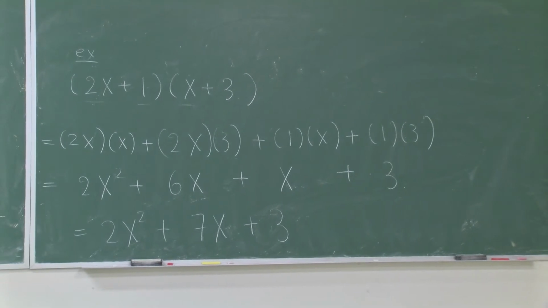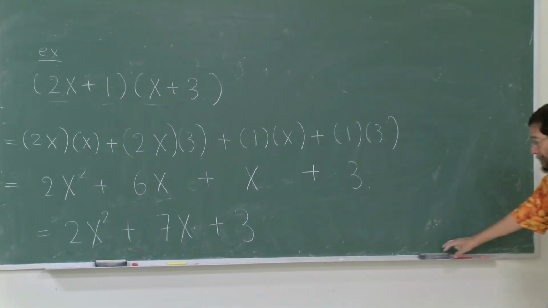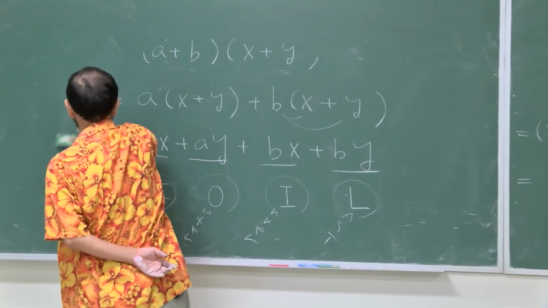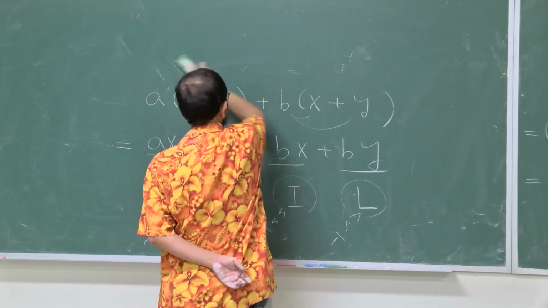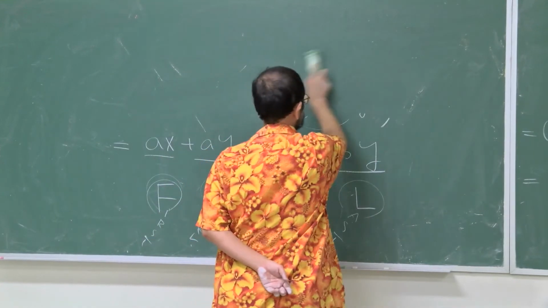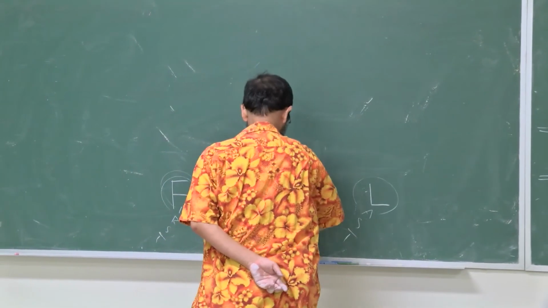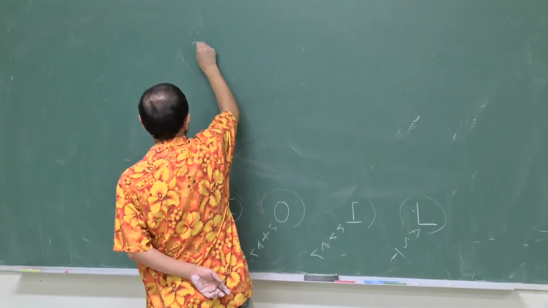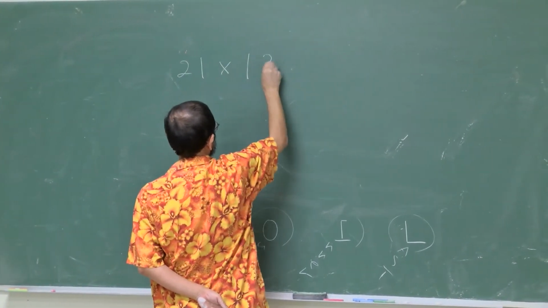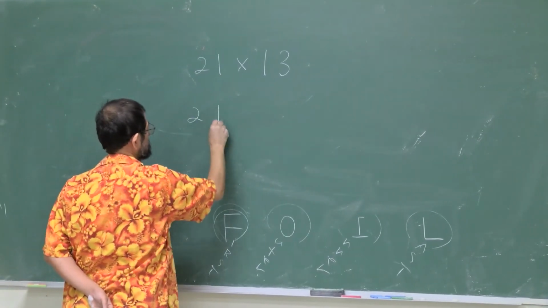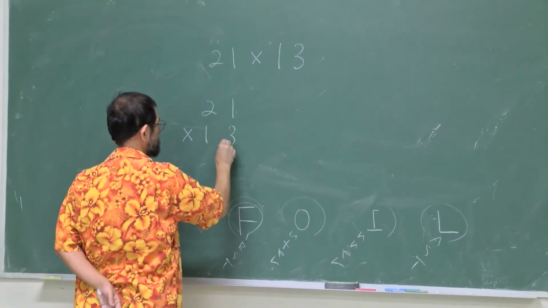So let's look at the application of this. Well, application, but this is something you have seen a long time ago. How do you compute 21 times 13? So you already learned how to do this by hand.